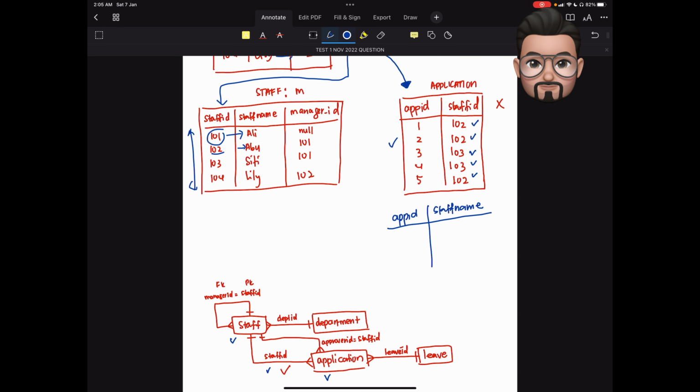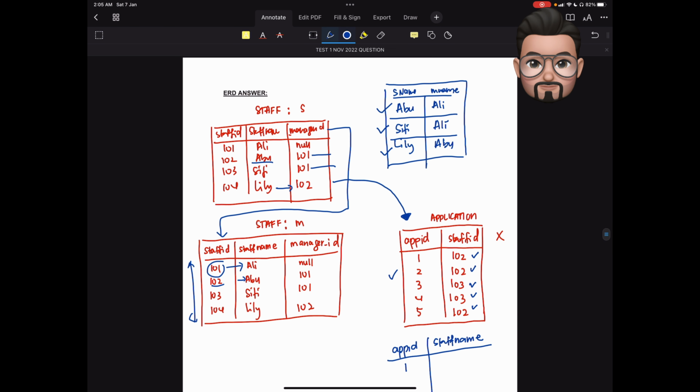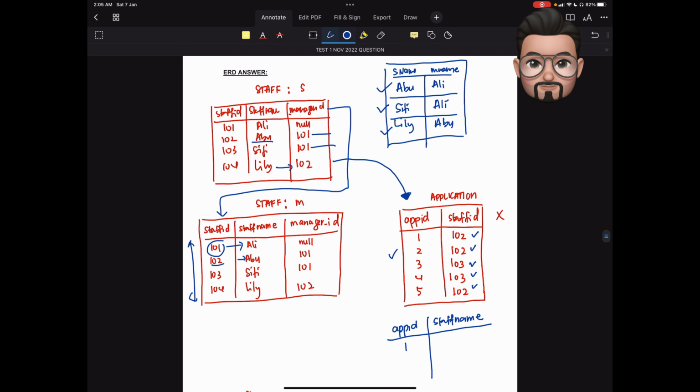So Application 1, 102, who is 102? Take a look over here. 102 is Abu, because we know this is FK, and FK will refer to PK.